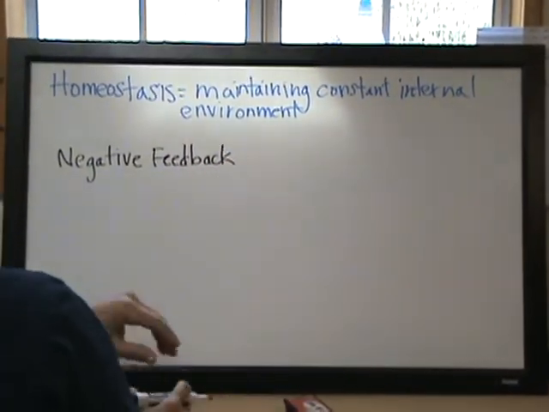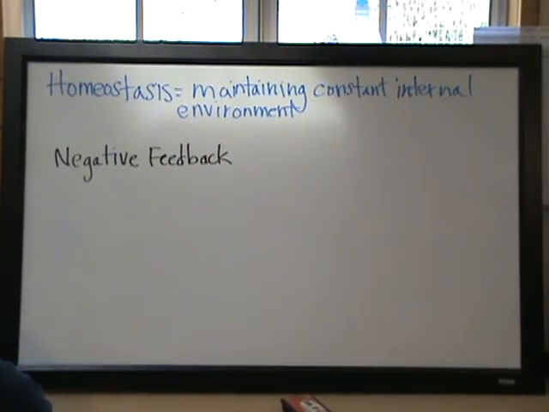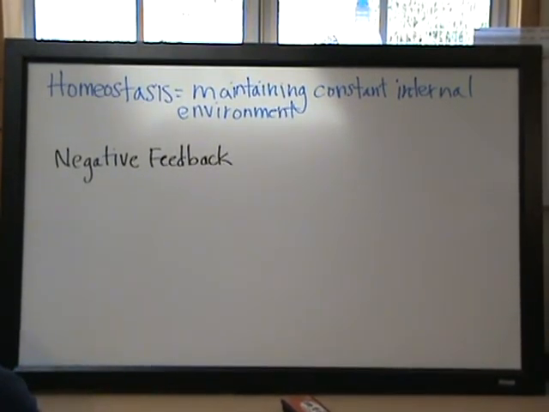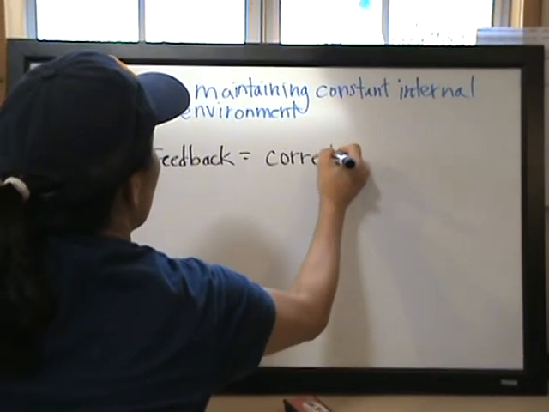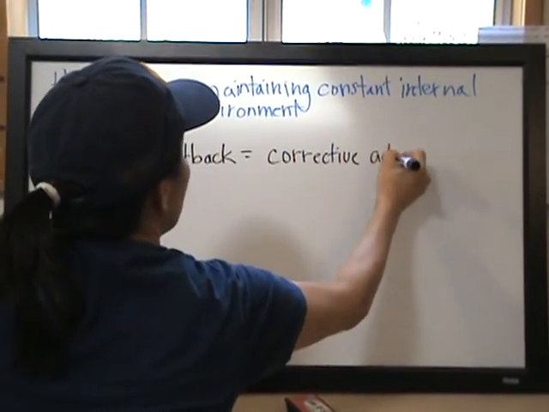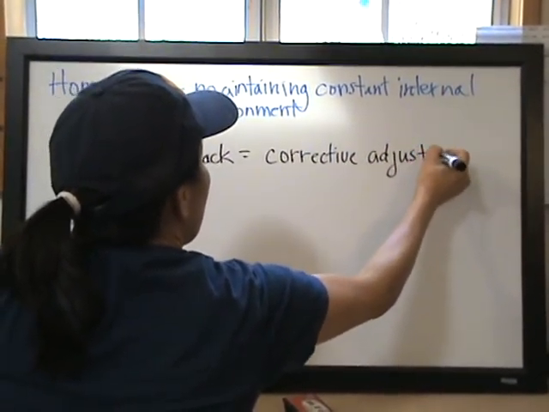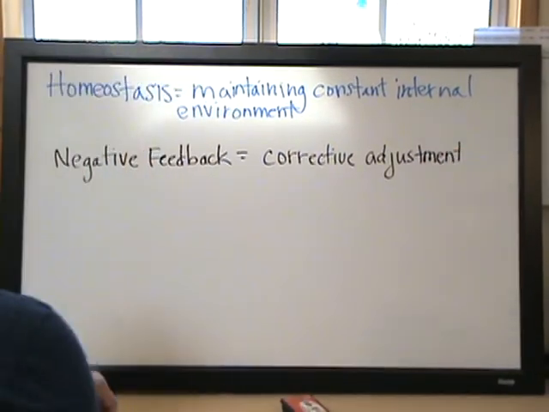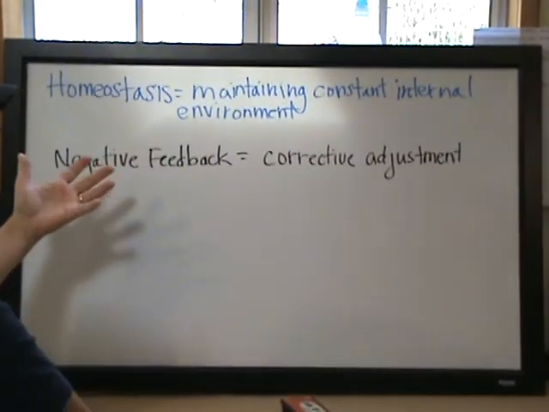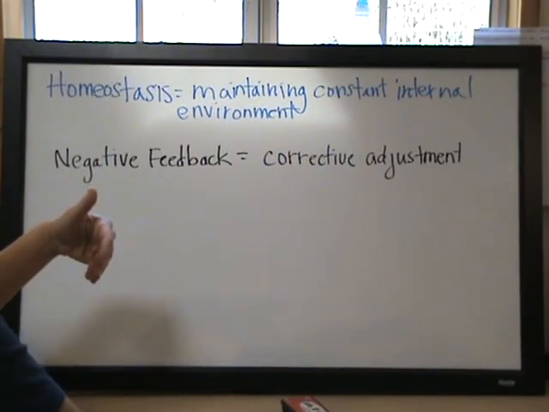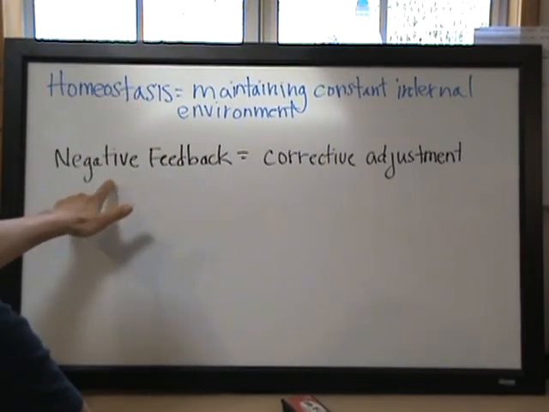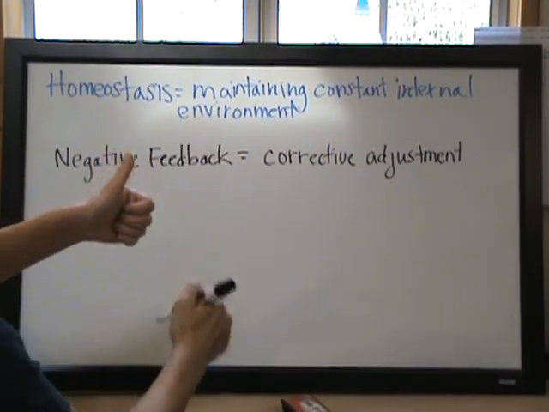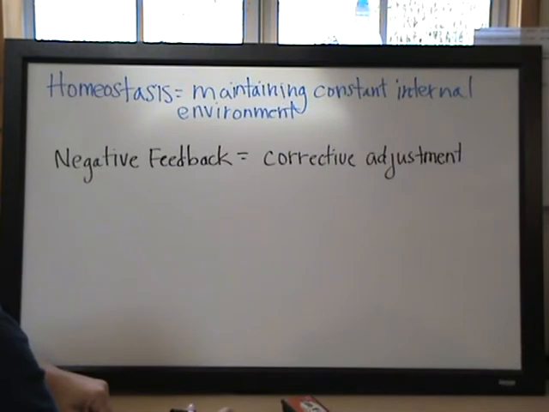It is a corrective adjustment of the body that allows us to move the condition back to normal. It's negative because it moves the condition in the opposite direction from which it was going. As our body temperature increases, the negative feedback brings the temperature in the opposite direction, back down to normal.